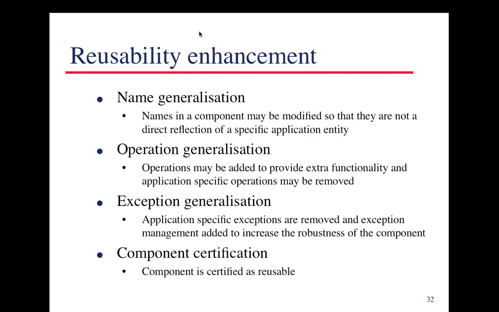In terms of reusability enhancements, there are name generalizations, operation generalizations, exception generalizations, and component-level certifications, all different kinds of enhancements. Names of the components might be modified so that they don't directly reflect specific application entities. So there's some customization that can happen with the different enhancements you can add to the components. This list is kind of deceiving, because it really depends on the component you're working with and what the vendor is going to give you.